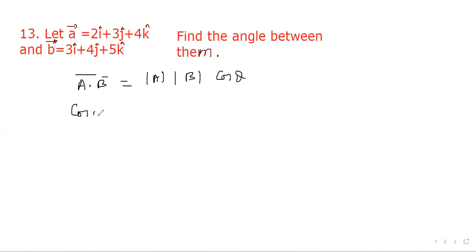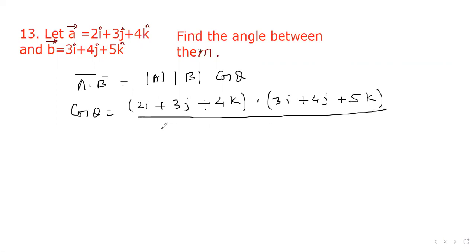So cos theta equals A dot B divided by modulus A modulus B. Let's write 2i plus 3j plus 4k dot 3i plus 4j plus 5k, divided by the modulus, which is 4 plus 9 plus 16, and this will also become 9 plus 16 plus 25.